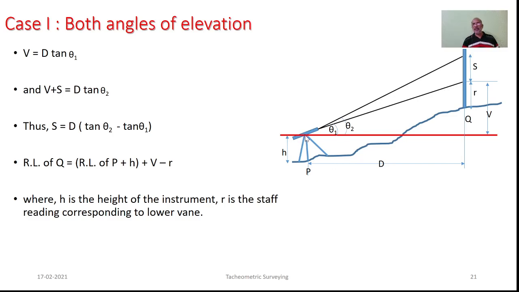H is height of the equipment above the instrument station P, and D being the distance in between instrument station and the staff station.